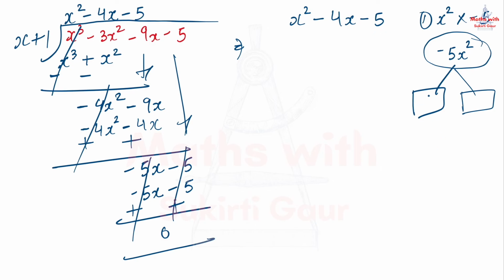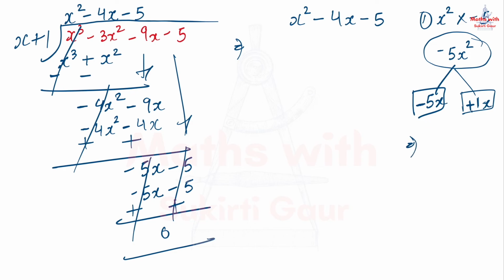Let us take 5 into 1, because we will be getting 5 into 1 as 5. Place x with it, such that we will be getting 5x square. We want the middle term negative, minus. So we want our greater number to be in negative sign, and we want this 1x in positive sign.